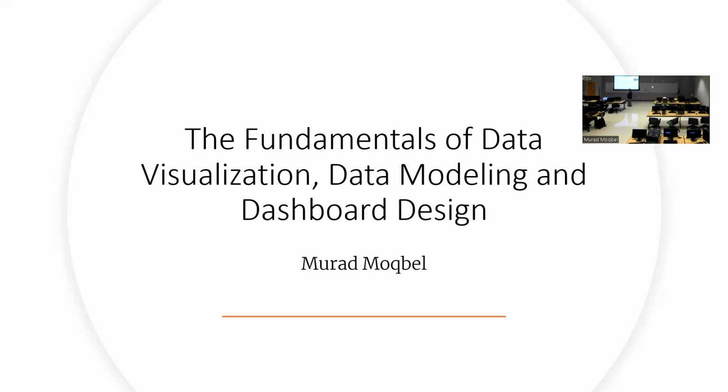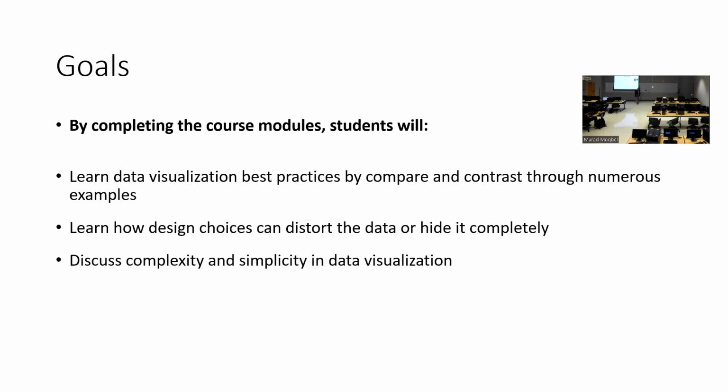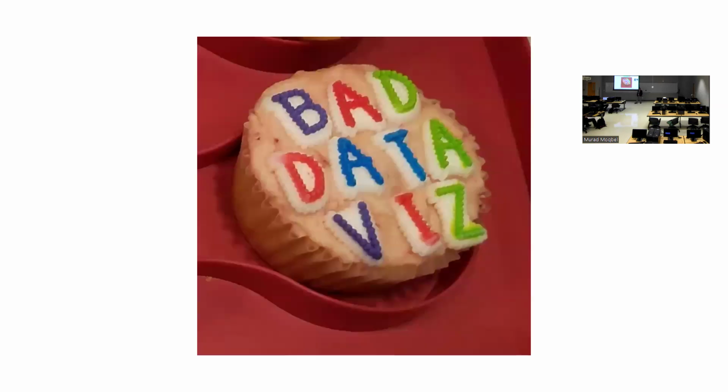So today I would like to go over the compare and contrast of data visualizations. And remember when we talked about one of the objectives of this class is to learn the best practices about data visualizations. What are the things that we need to do and what are those things that we need to have when it comes to data visualizations?